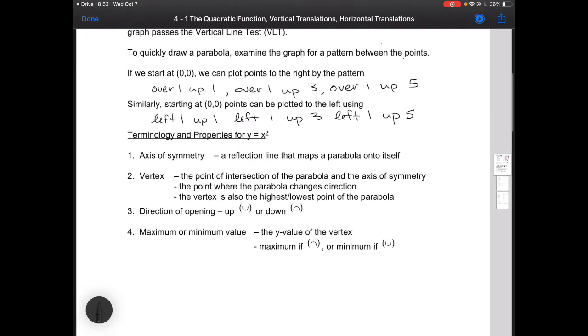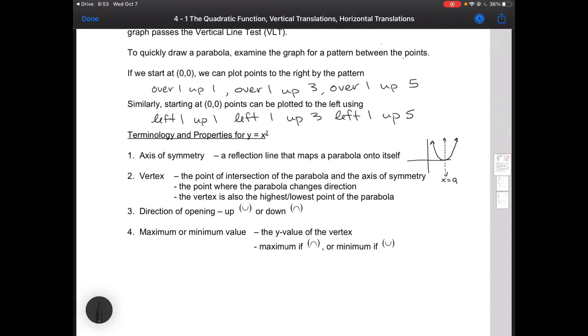There are a couple terms that you need to be familiar with when it comes to talking about the quadratic function. The first one is an axis of symmetry, which is a reflection line that maps a parabola onto itself. So if I draw a parabola that is centered right here, my axis of symmetry is going to be the line that goes right through the middle, has the equation x equals a.